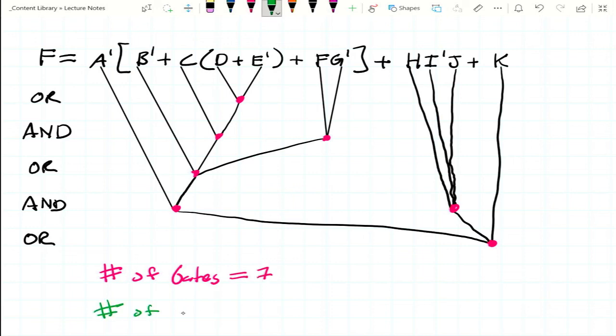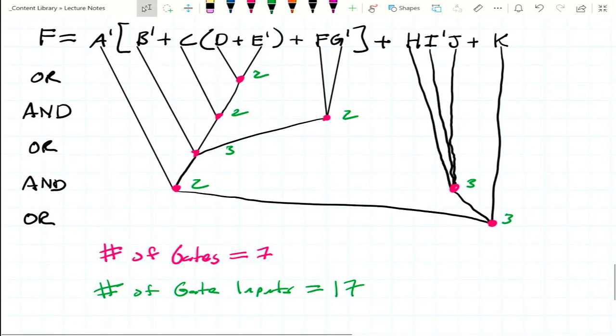The number of gate inputs is what we got: 2, 2, 3, 2, 2, 3, and 3. So I guess it's what? 2, 4, 6, 8, 10, 14, 15. Hold on. How many levels is that? 15, 16, 17. 17 gate inputs.